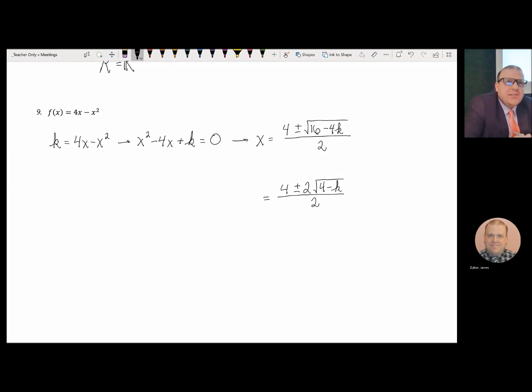I'm just going further to make it easier to see. Under the radical, you have a 4 common, right? So you factor out the 4, and you're left with 4 minus k. But the square root of 4 is 2. Four minus k is under a square root.